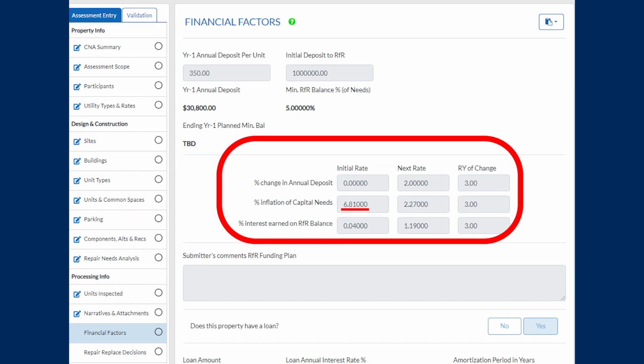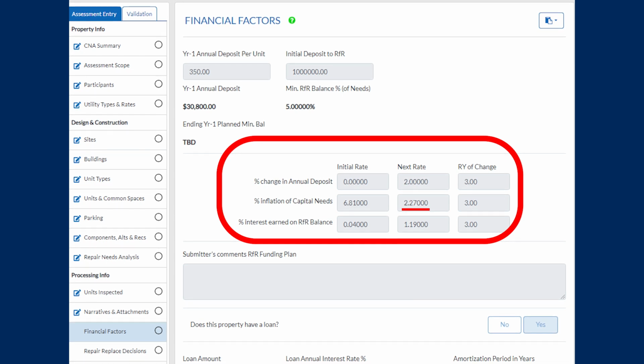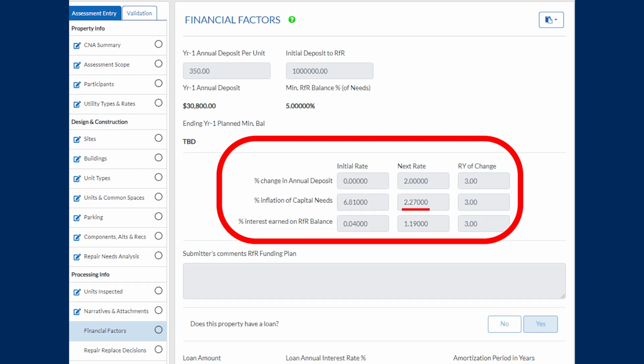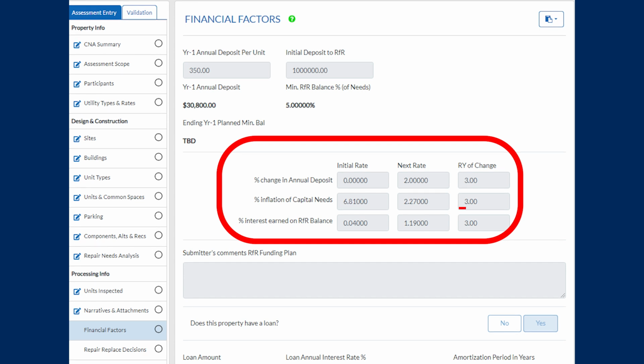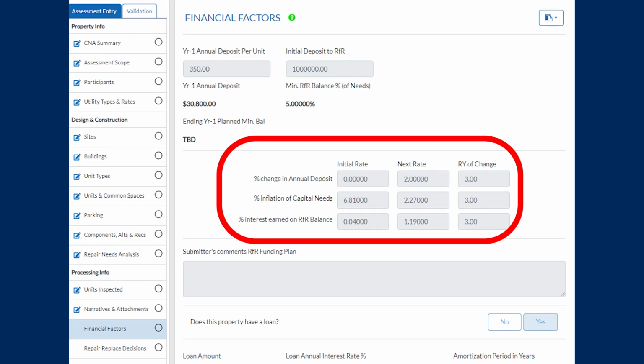If the inflation rate is anticipated to increase or decrease in the future, under Next Rate, you would enter the anticipated inflation rate. For purposes of this example, you might enter 2.27, meaning the inflation rate is expected to drop substantially. Under RY of Change, you will enter which year in the 10-year estimate period you think the inflation rate will change. These figures will all affect the figures shown on the financial schedule and estimate period recap.